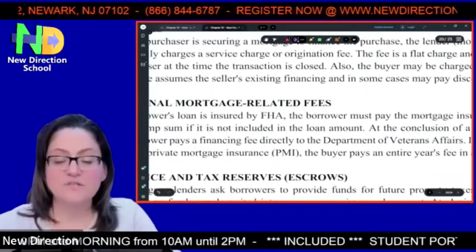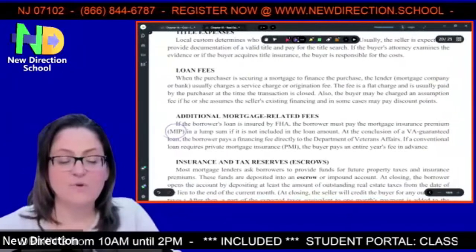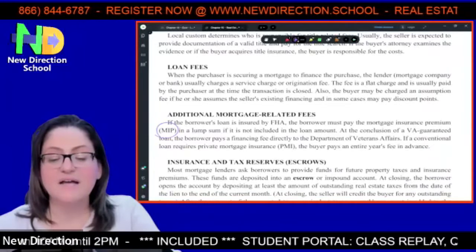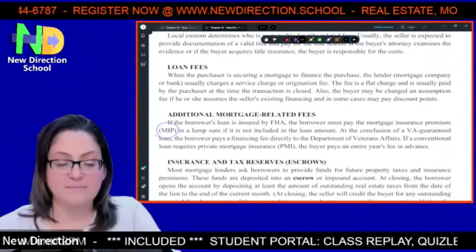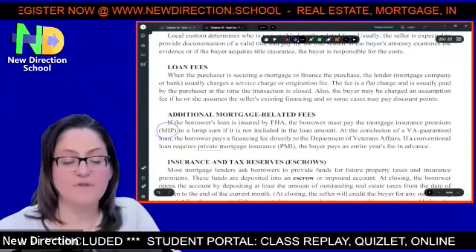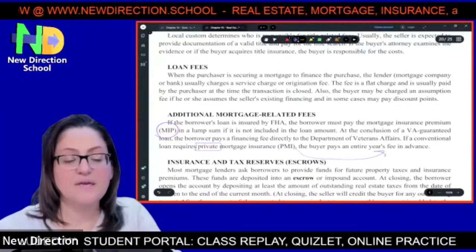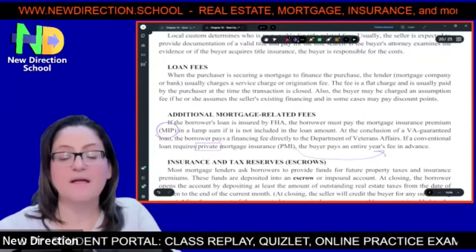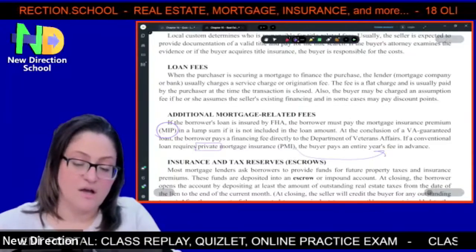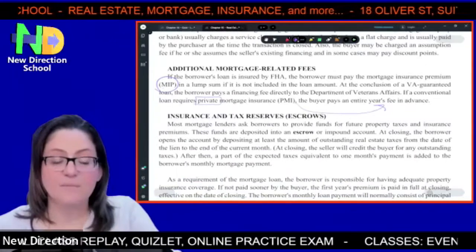If a conventional loan requires private mortgage insurance, PMI, the buyer pays an entire year fee in advance. So for the conventional loan, because it's a private loan, they pay for the whole year. And in the MIP, it could be given as a lump sum at closing, or it could be charged monthly throughout the year, okay, for a couple of years.